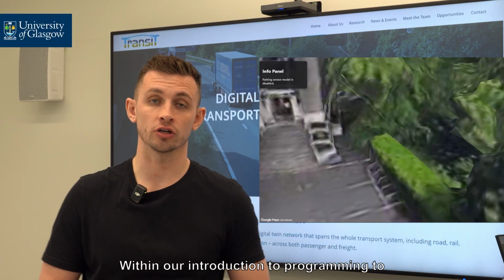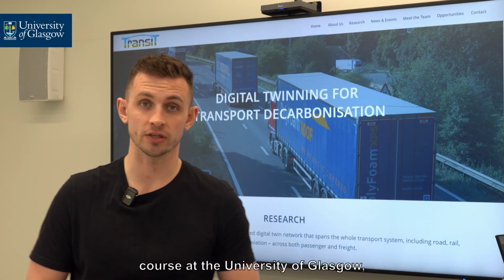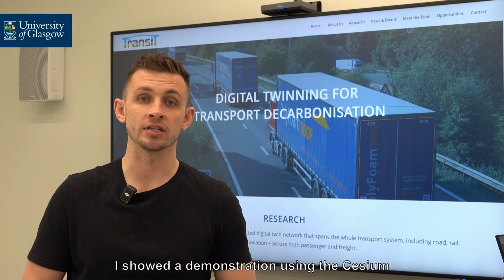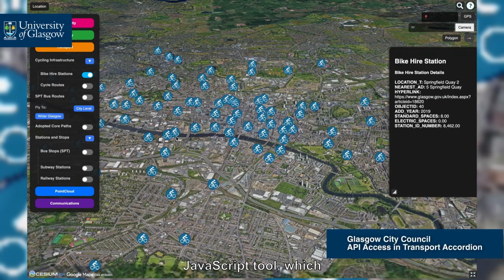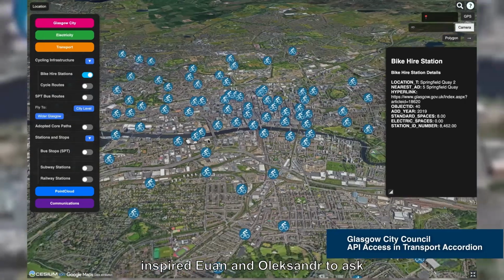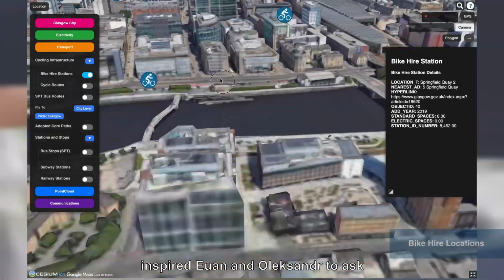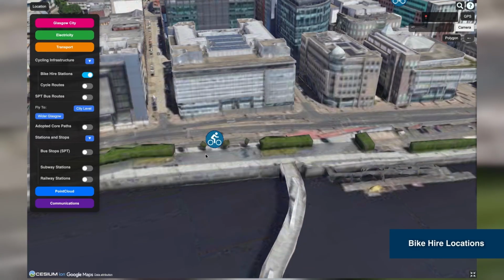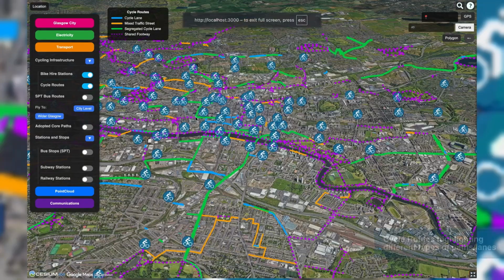Within our Introduction to Programming 2 course at the University of Glasgow, I showed a demonstration using the Cesium JavaScript tool, which inspired Ewan and Alexander to ask, can we do a follow-up project following the iTwin for Good project which they took part in?